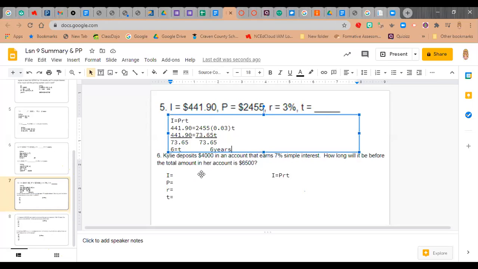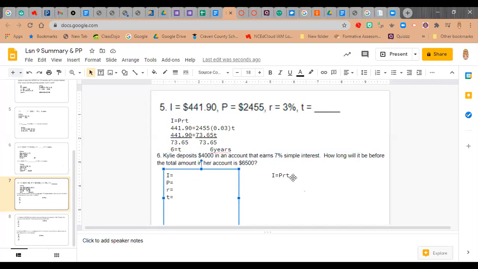Kylie deposits $4,000 in an account that earns 7% simple interest. How long will it be before the total amount in her account is $6,500? So let's start with the first number we see. What is that $4,000? Kylie deposits $4,000 in an account. What's a deposit?